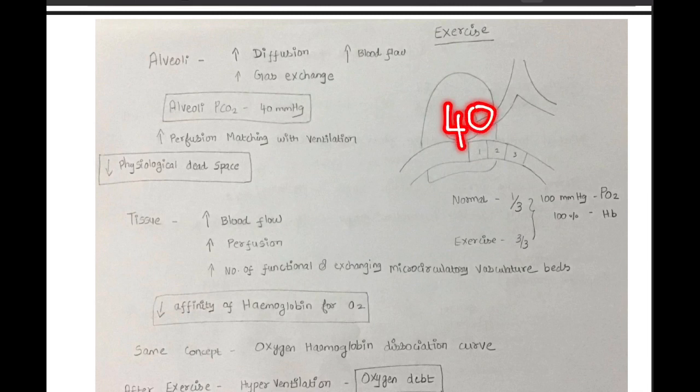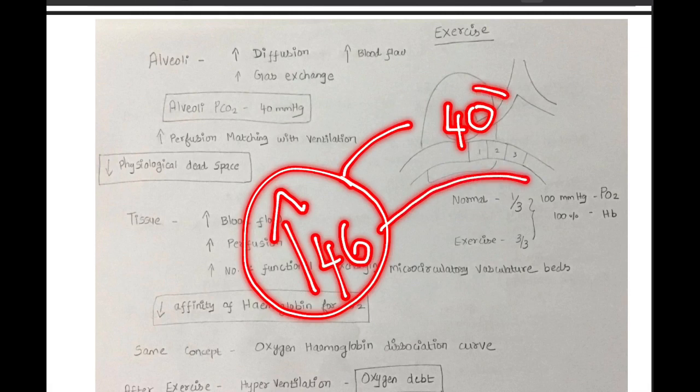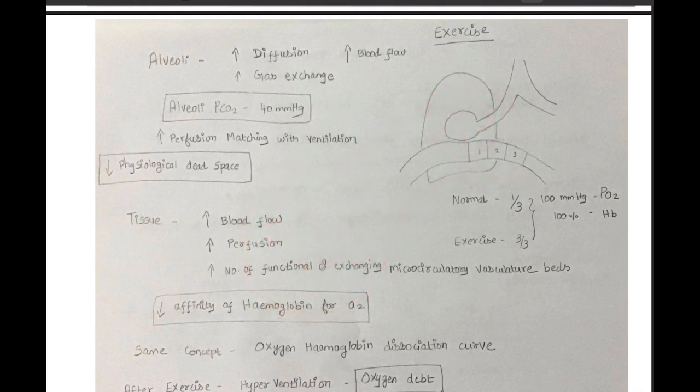So whenever there is more partial pressure of carbon dioxide during severe exercise, that is more than 46, this alveolar value remains unchanged, because during exercise you will not only have increased blood flow, you will also have increased ventilation.